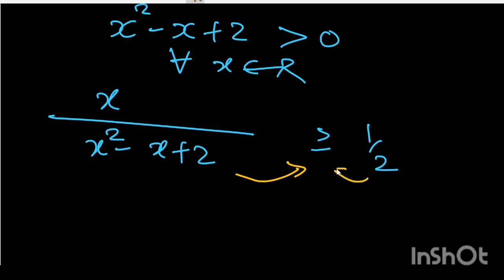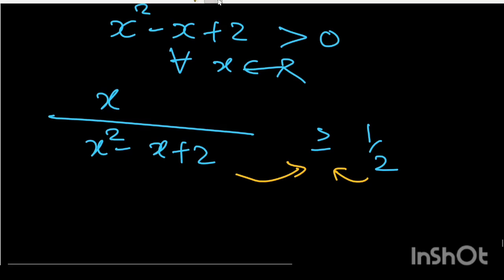In the previous examples I warned you that terms containing the variable x we cannot cross multiply, because we are not sure about the sign of that expression. But since this quadratic expression is always positive because its discriminant is less than 0, we can cross multiply here.